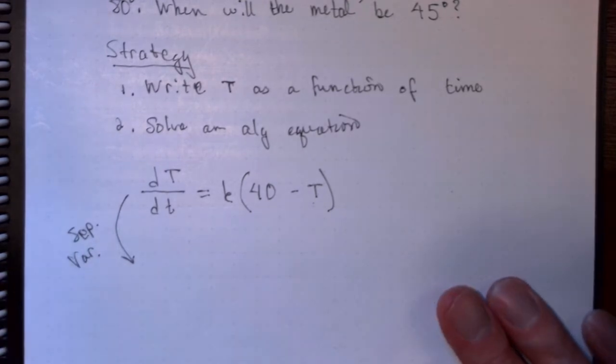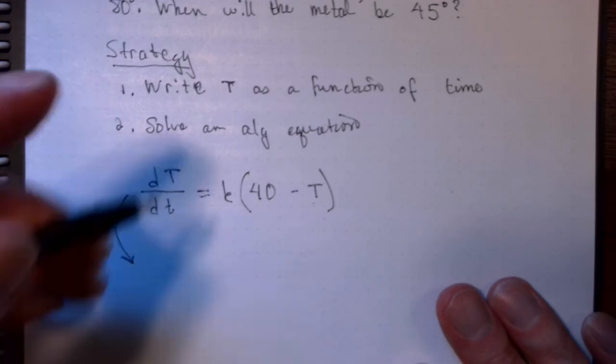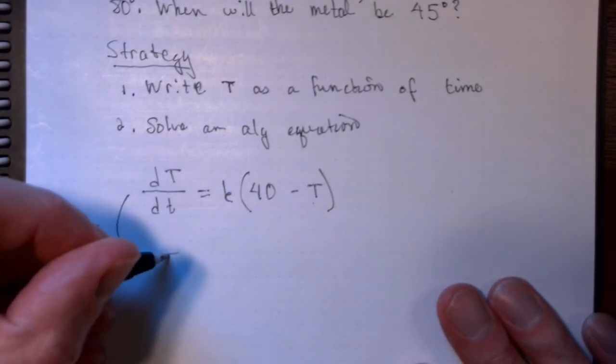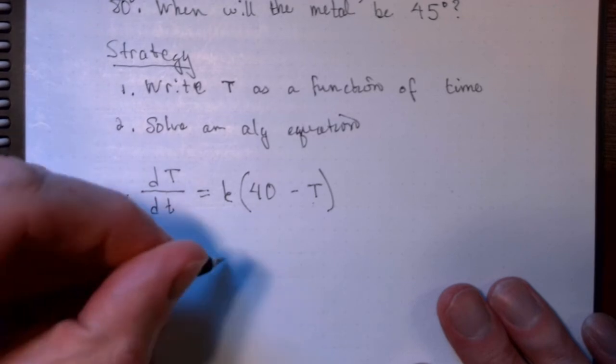Now, we saw just a few minutes ago that this differential equation can be solved with separation of variables. So let's assume I did the work there. I'm going to get this.